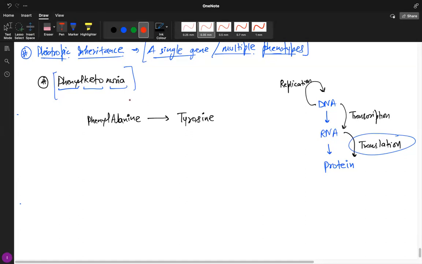So the name of the enzyme is phenylalanine hydroxylase.